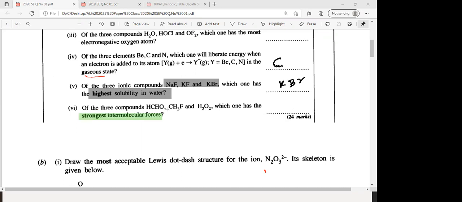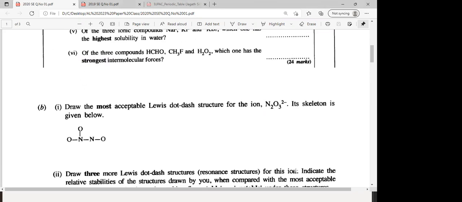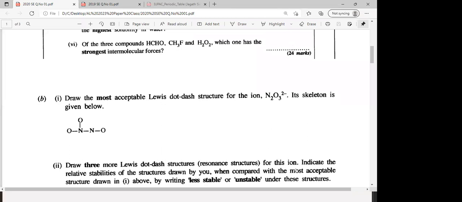Strongest intermolecular force. Who can give me the answer? H2O2, Chaniti. Tisat, CH3F. What about the others? Only Tisat and Chaniti gave the answer. What about the others?